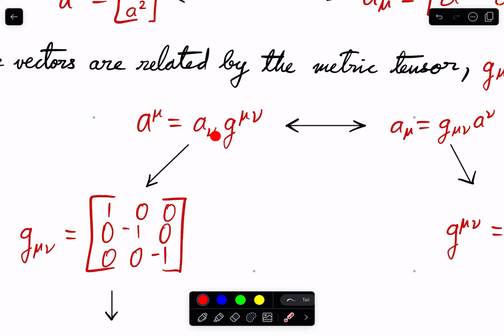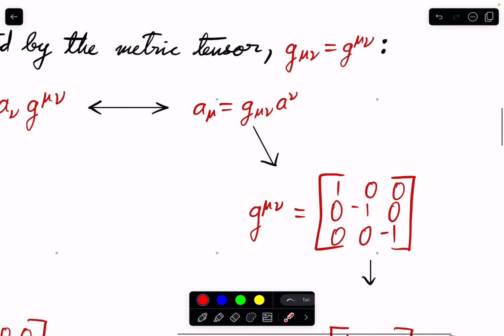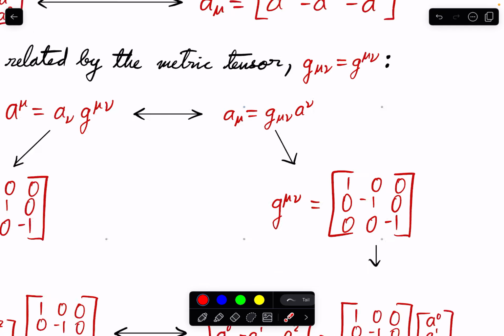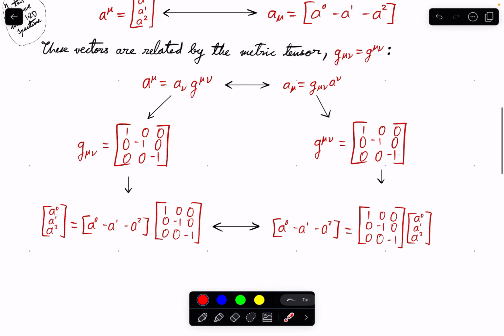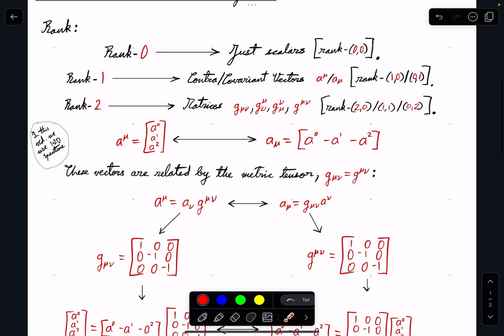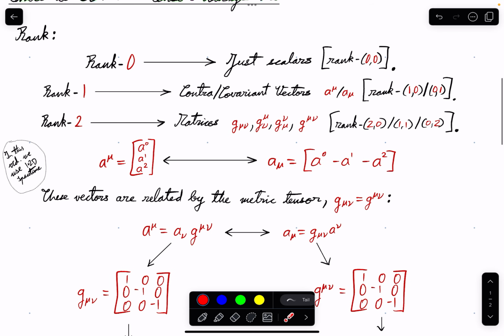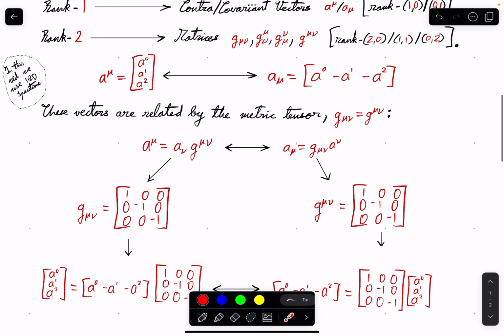So it goes from A nu to superscript mu. And likewise, something happens here. The nu's cancel out, and the mu is the only thing left. So just hover over these so you can get an idea.